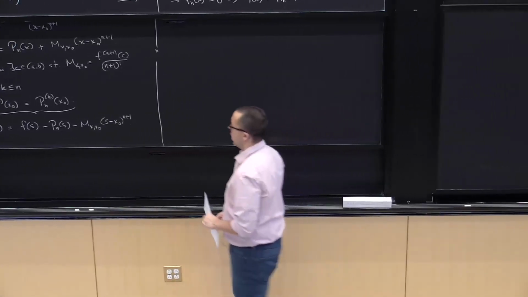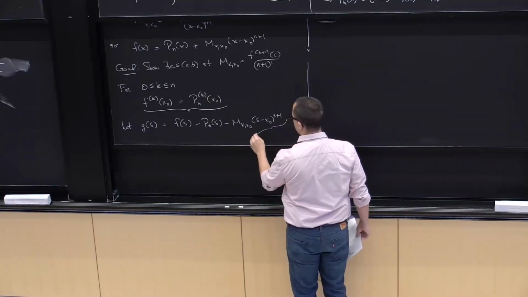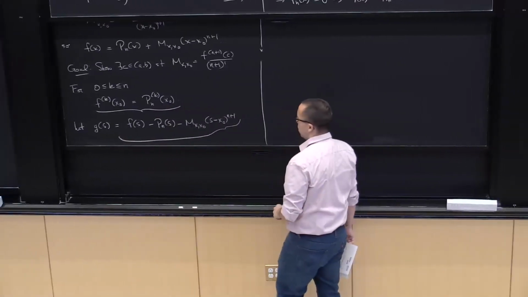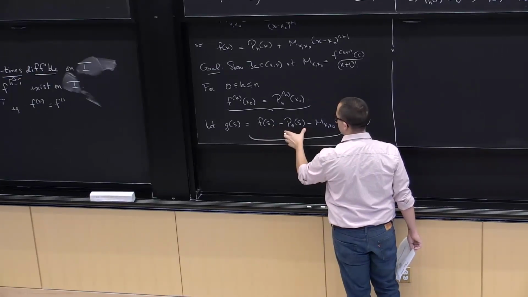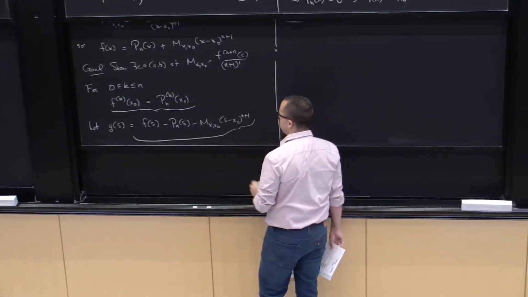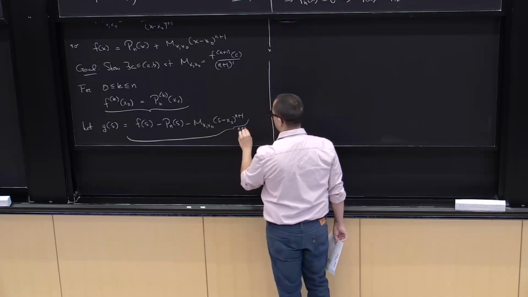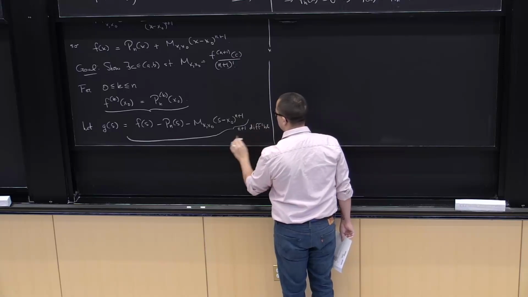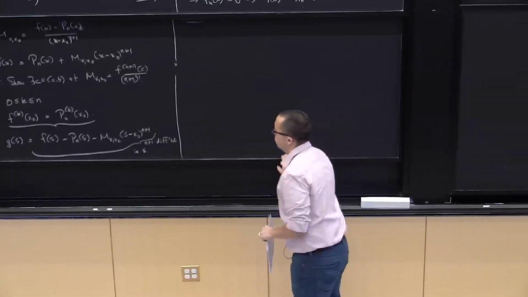And something to note is that this whole function g, first off, f is n plus 1 times differentiable. This is a polynomial, so it's n plus 1 times differentiable. And this is just a polynomial also in s, so it's n plus 1 times differentiable. So in s. Okay?